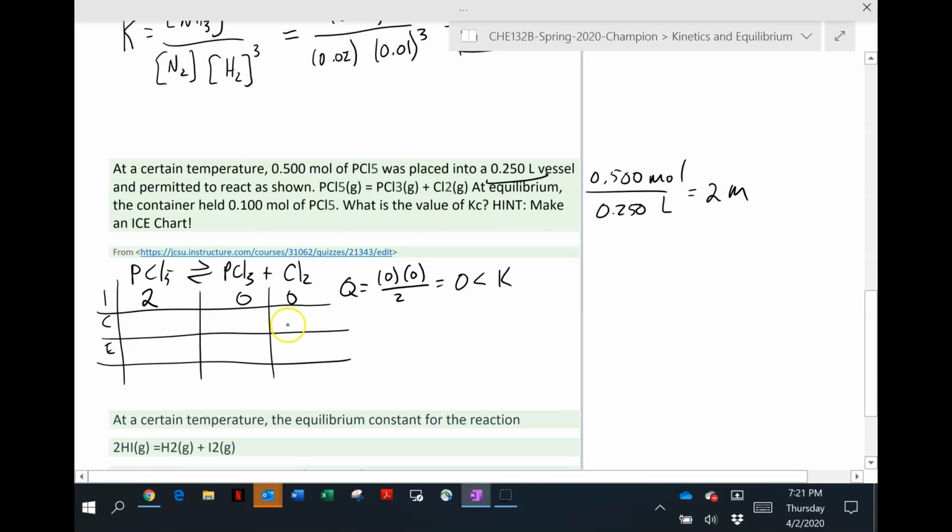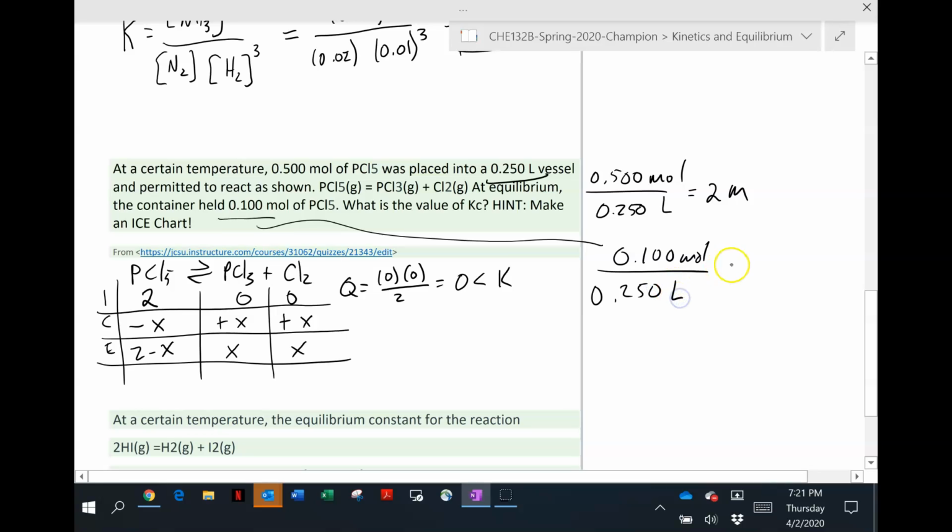And so this is going to be plus X for Cl2 and plus X for PCl3 and minus X for PCl5. So at equilibrium we have 2 minus X molar, X and X. Now what we're told though is at equilibrium we have 0.10 mole, and again that's a 0.250 liter container.